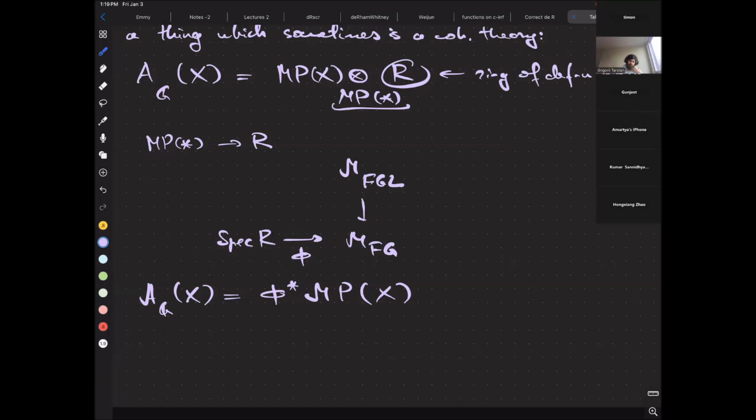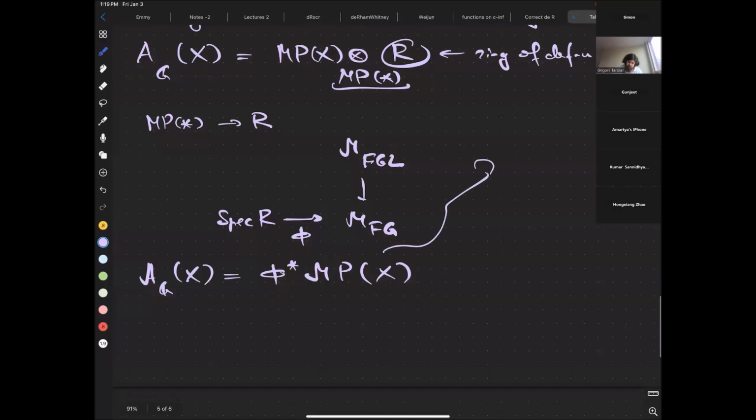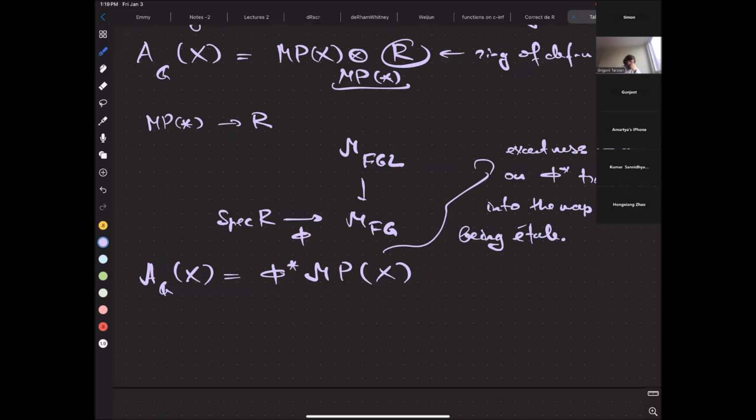And then the fact is that this exactness condition on my upper star translates into the map phi being flat. Okay.